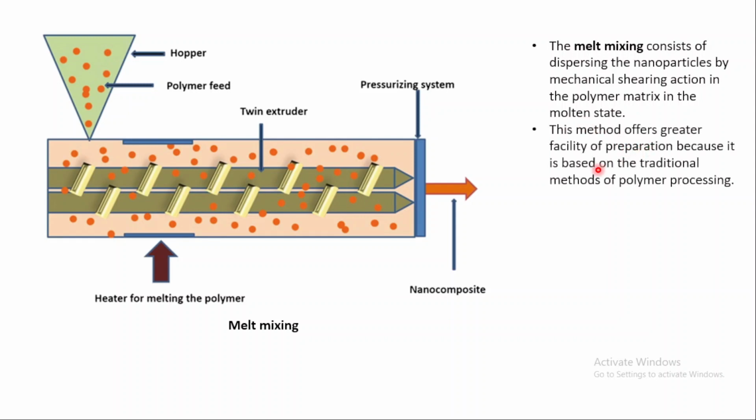This method offers greater facility of preparation because it is based on traditional methods of polymer processing, because we can add two polymers, melt them, infuse their properties, and then extract the new composite material with both the properties, right?